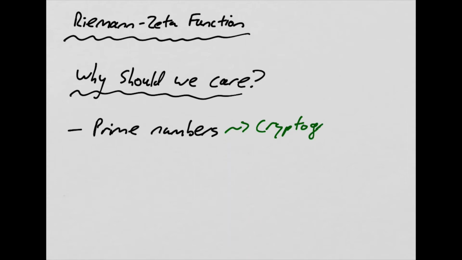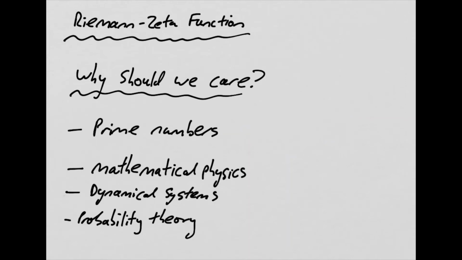And cryptography is used everywhere in the world today, from emails to internet banking to remote control vehicles. It also appears in mathematical physics, dynamical systems, and probability theory, all of which give models to the world around us, such as the weather, the atmosphere, and also waves.